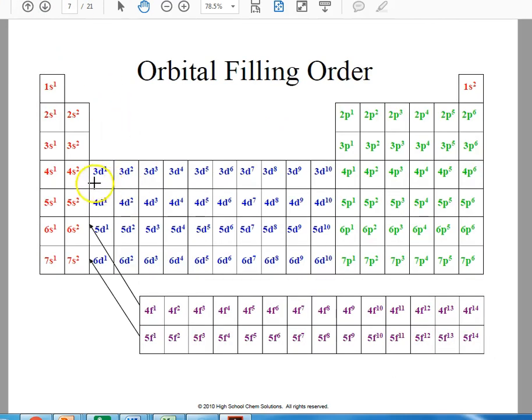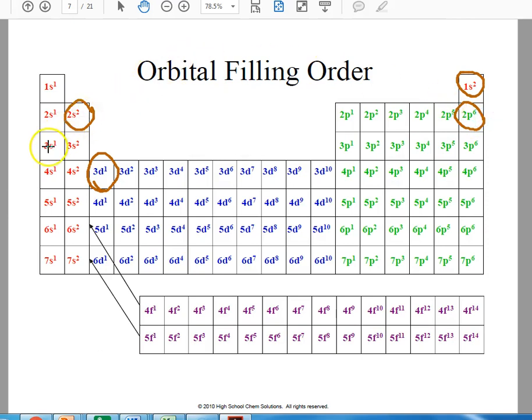All right, so scandium is located right here on the periodic table. So its electron configuration would be 1s1, 1s2. That one gets filled. 2s1, 2s2. 2p1, 2, 3, 4, 5, 6.